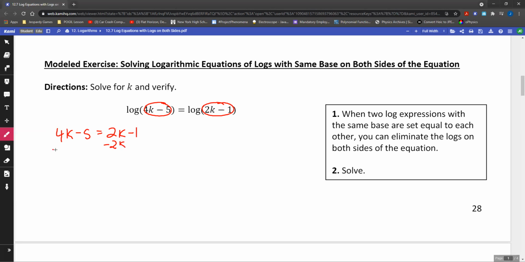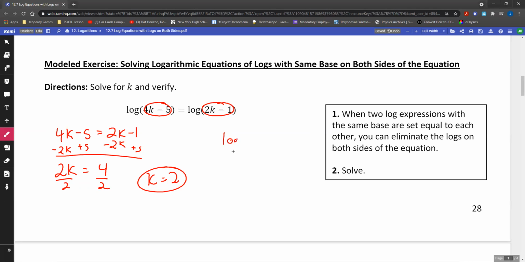Subtract the 2k, add the 5. So this becomes 2k equals 4. Divide both sides by 2, and we get k equals 2. And then they want us to actually verify. So before I move on, 4 times 2 minus 5, that can be rewritten as log of 8 minus 5, or log 3.